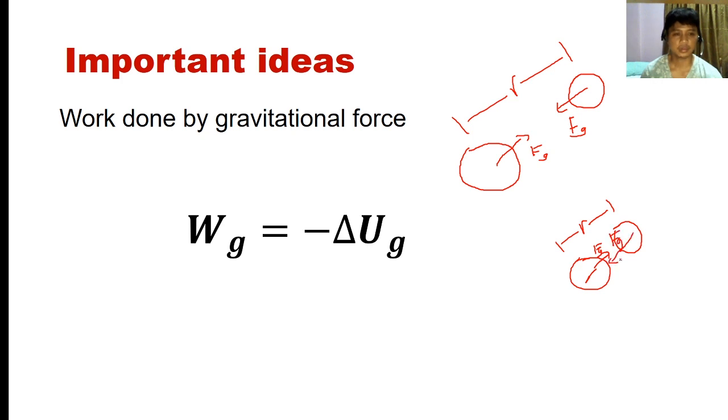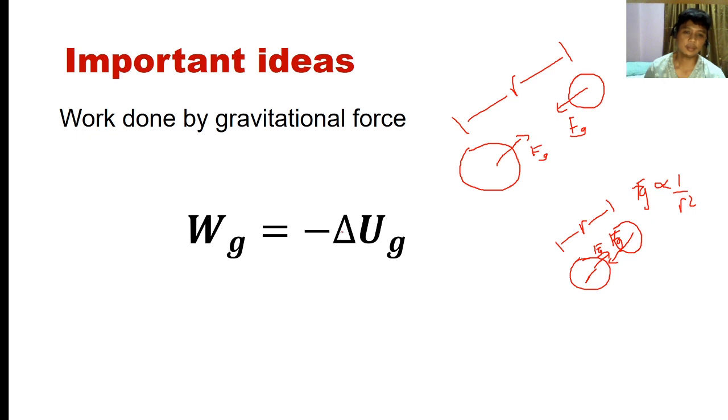If you remember the law of universal gravitation, Fg is inversely proportional to the square of the separation distance. So apparently, this formula tells us that the gravitational force is doing work. And I can see that it really makes sense. Gravitational force is really doing work because it's causing the objects to move while the force is applied.